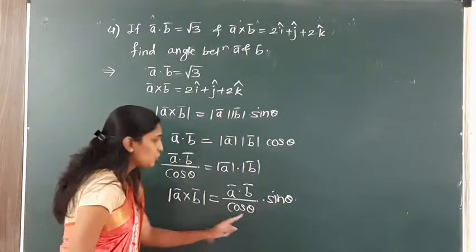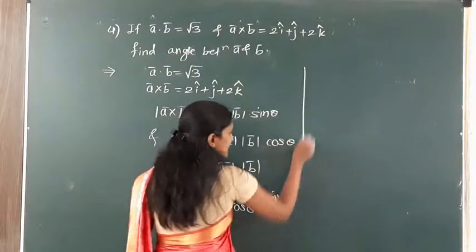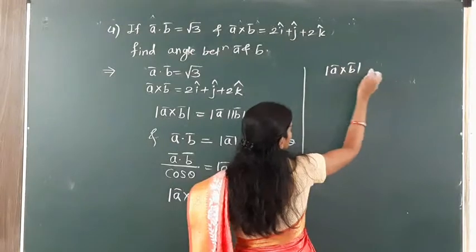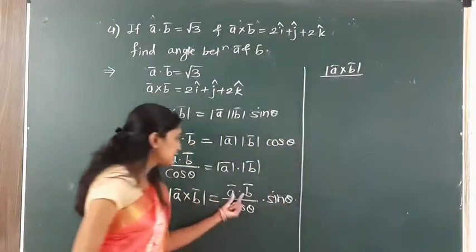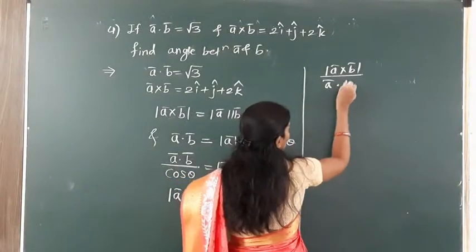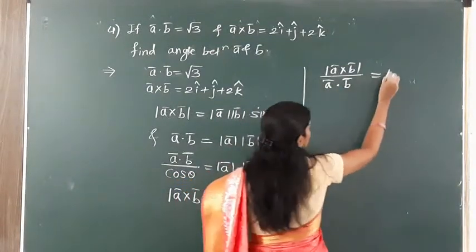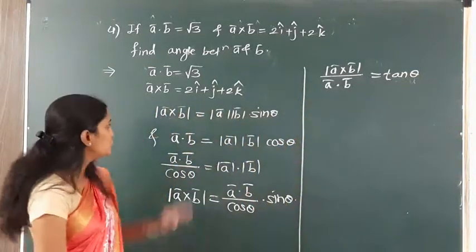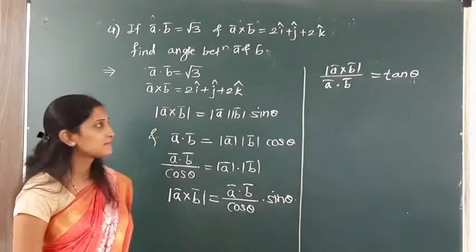And sin by cos is tan. So mod of a bar cross b bar upon a bar dot b bar is equal to tan theta. We get this formula using these two formulas.